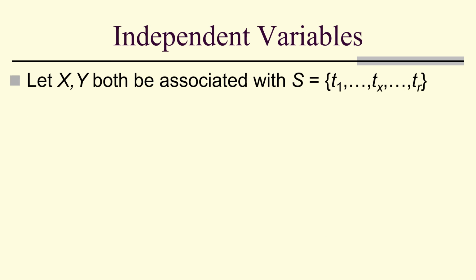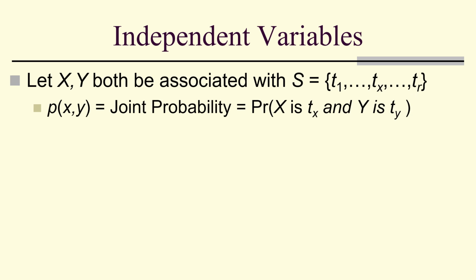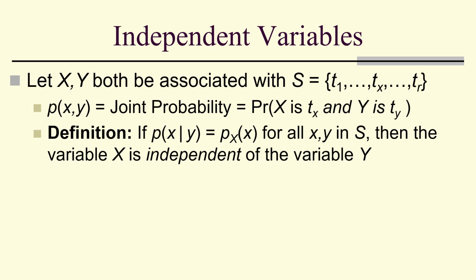Independent variables: let x and y be associated with the same set. Remember, those are numbers. The joint probability is the probability that x is t sub x and y is t sub y. And if p of x given y is equal to the marginal probability of x for all x and y in S, then the variable x is independent of the variable y.